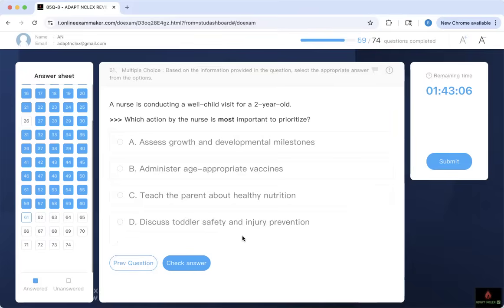Look, I know there's a bunch of stuff that has happened in our country recently, but look, this is it. 2-year-old. Which one would you pick? Injury and safety, nutrition, vaccination, and what? Growth and development.